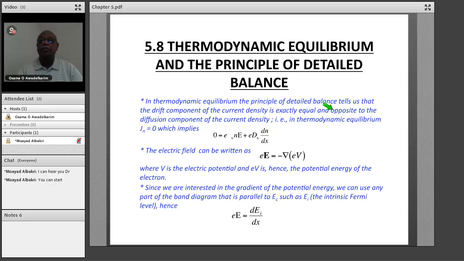One last thing: suppose we have a semiconductor at a certain temperature that is isolated from everything around it, so there is no electric field applied. What happens inside this semiconductor?